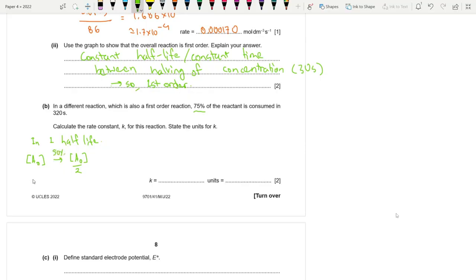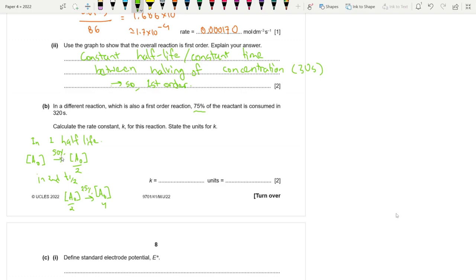Then in the second half-life, it would turn into A naught by 4, which is half of the second part, but 25% of the initial value.